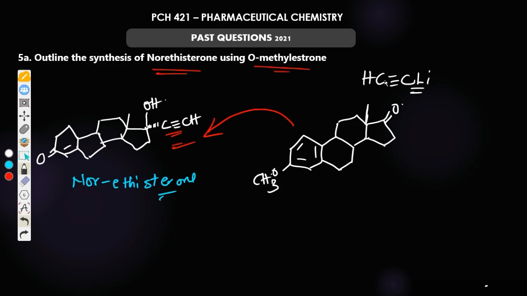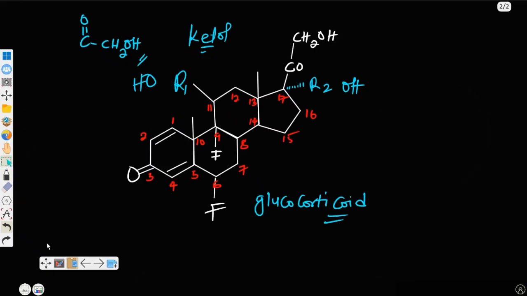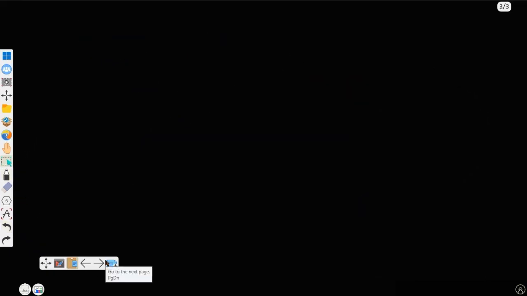Now, the first thing we are going to do is take this structure and try to make something meaningful from it. So let's draw the structure of O-methyl estrone. O-methyl estrone will give us something like this. Of course, at this position, you have a methyl group attached, O-methyl.